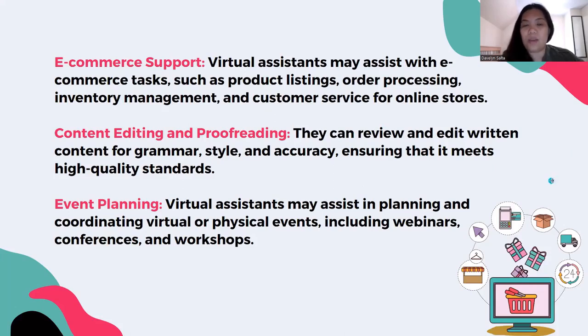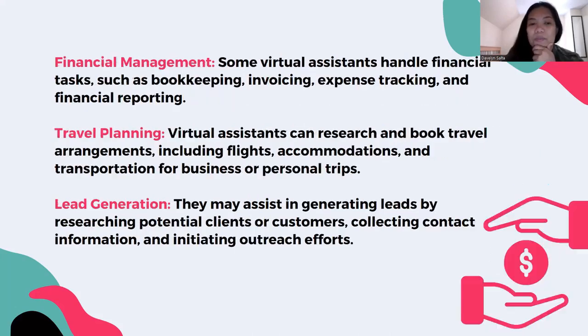So there's really a lot of things that a virtual assistant can do. You can also be a financial manager, which handles financial tasks such as bookkeeping, invoicing, expense tracking, and financial reporting. You can also be a travel planner. You can research and book travel arrangements, including flights, accommodations, and transportation for business or personal trips.